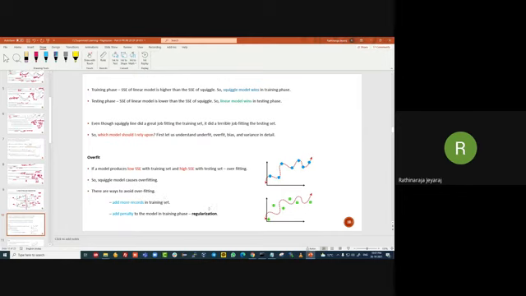Consider this: if the sum of squared error of squiggle during training time is very much lesser than the sum of squared error of squiggle during testing time, and this condition is met, then it is called overfitting.